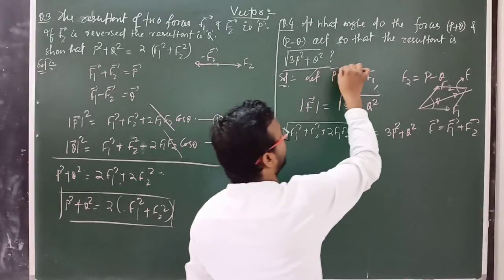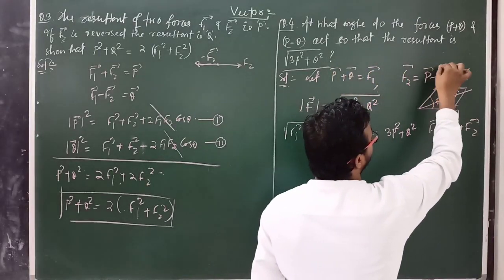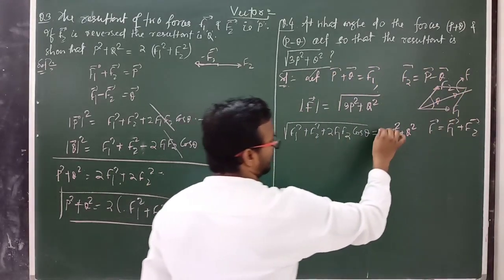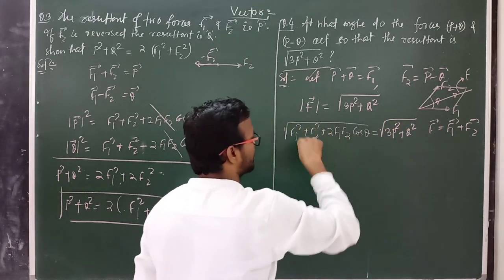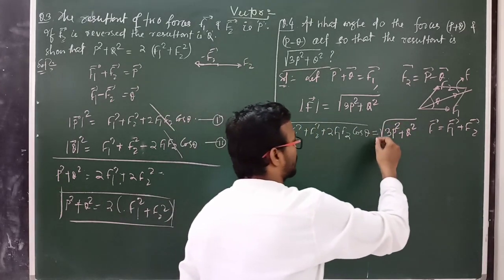Clear? Squaring on both sides, the square root will be cancelled.